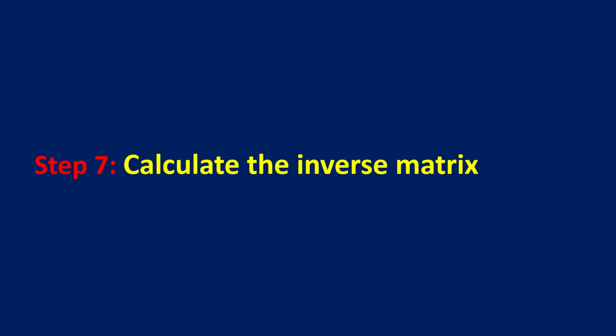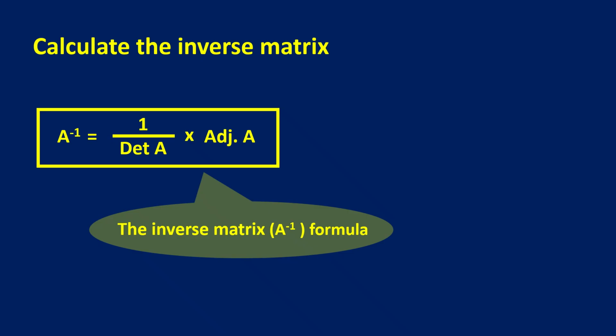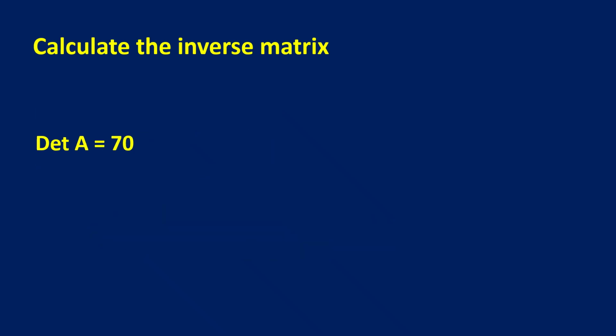Okay guys, we're moving on to the last step, step 7. Calculate the inverse matrix. And as you can recall, the formula of the inverse matrix is defined as 1 divided by the determinant of the initial matrix A times the adjoint A matrix. So the determinant of the initial matrix A, as we have calculated before, is 70.